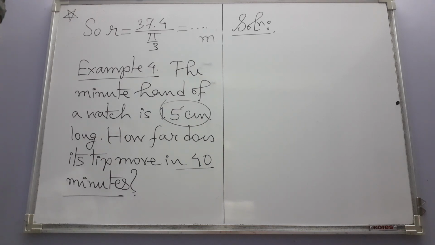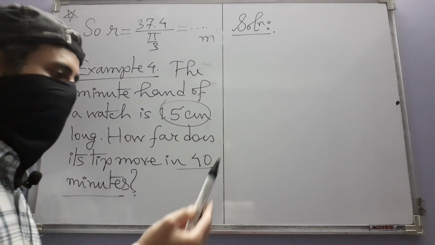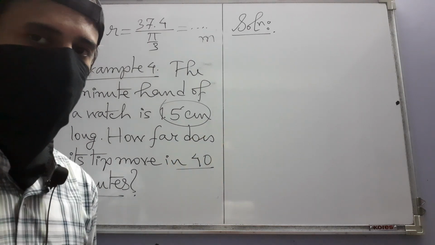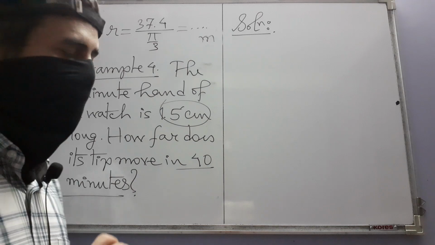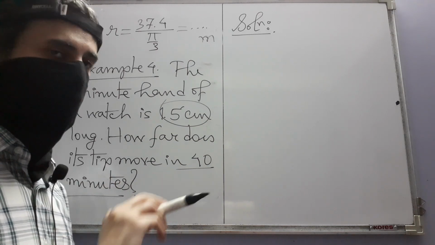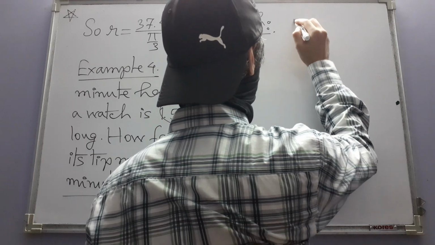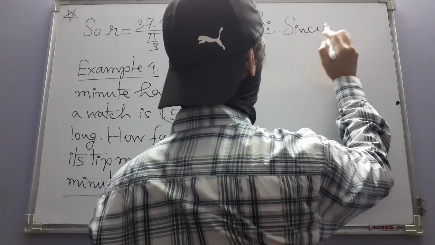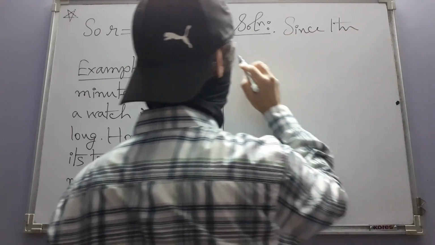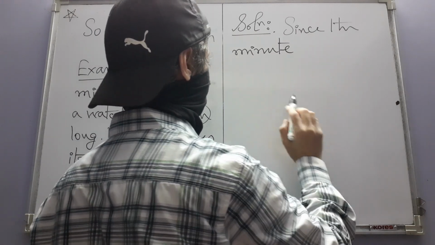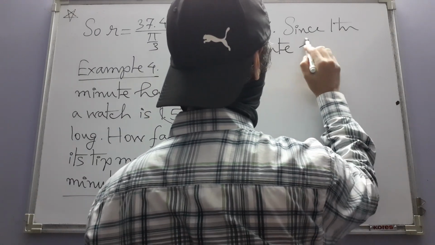So in 60 minutes, the minute hand makes one complete revolution. So in 40 minutes, how much revolution it will make, that we can calculate. Let me write the things in words for this one at least.